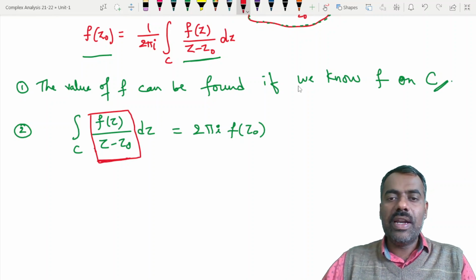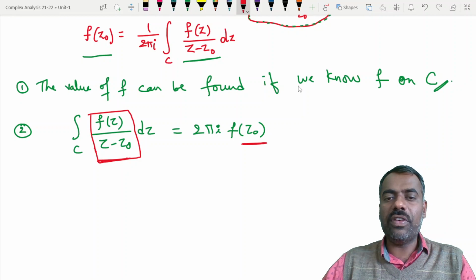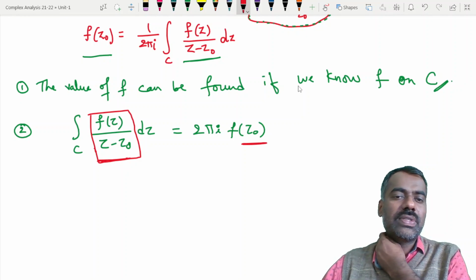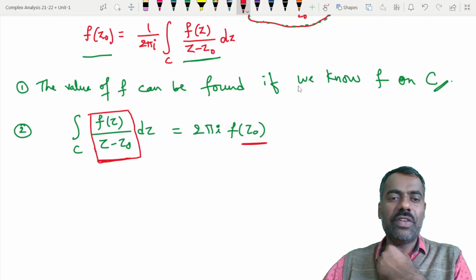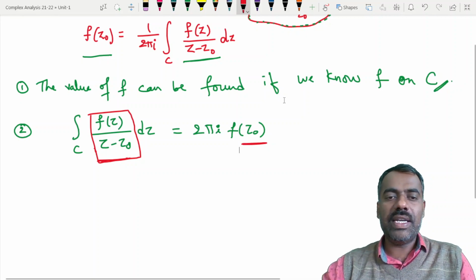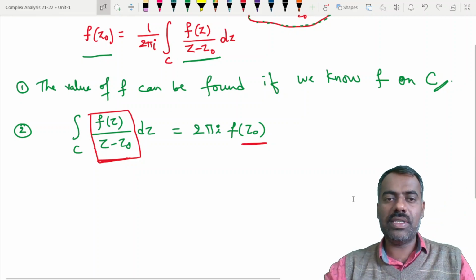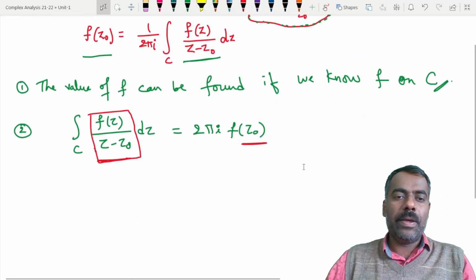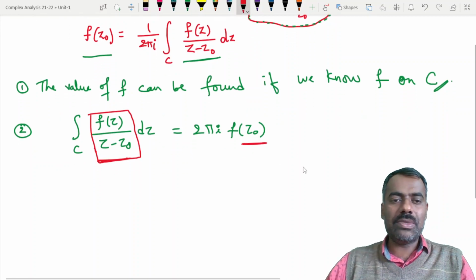This value depends only on f of z naught, so it does not depend on other values. We use this many times to calculate integrations of functions.